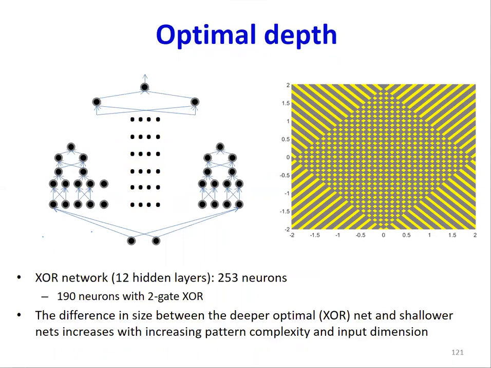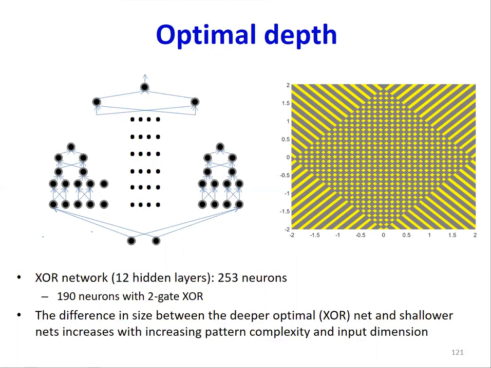But then again, this is an XOR, right? Over the lines. And if I do this with a 2-gate XOR circuit, I need the 64 first layer neurons to capture these lines. And the rest of it is just an XOR over 64 bits. And an XOR over 64 bits is going to be 63 times 2, which is 126 neurons.